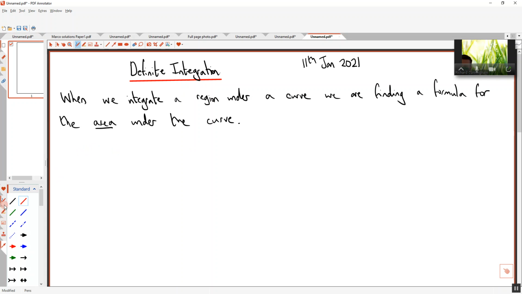So for example, let's see if we remember how to integrate. I'll give you a nice easy one: x cubed plus 2x. What do I get when I integrate that?